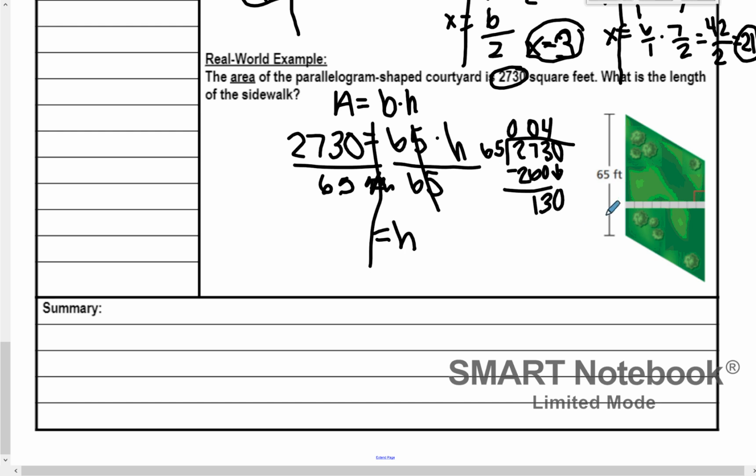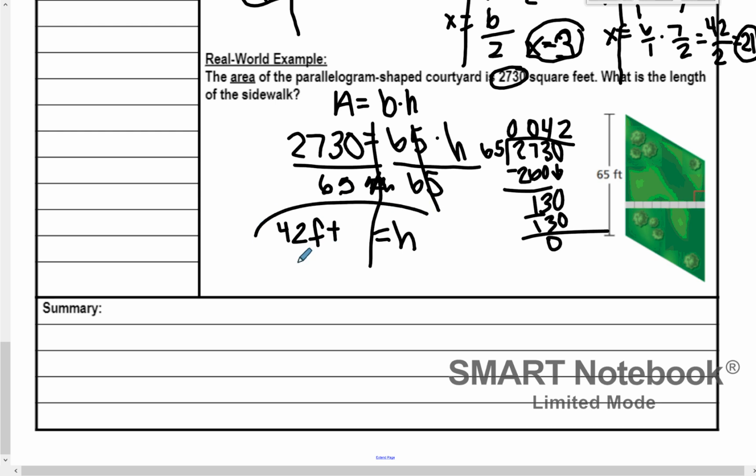So I'm going to guess that it's 2. On the side of my paper, I would do 65 times 2 to see if that's right. And it is. 65 times 2 is 130 exactly. You get a 0 remainder, you're done, and your answer would be 42. We need a label. The length of that sidewalk would be 42 feet.